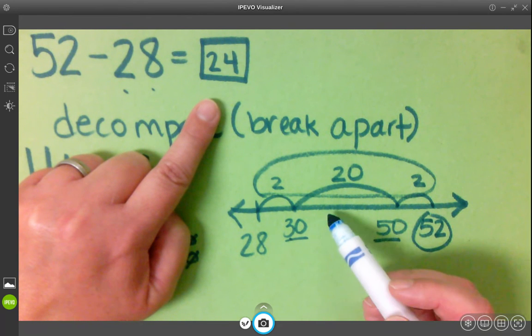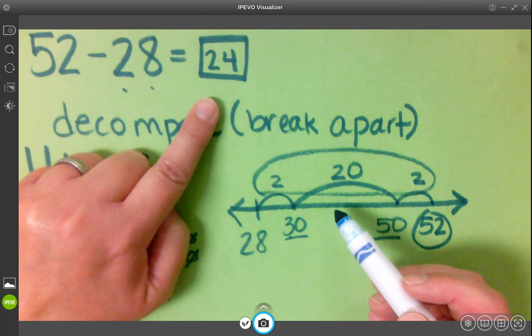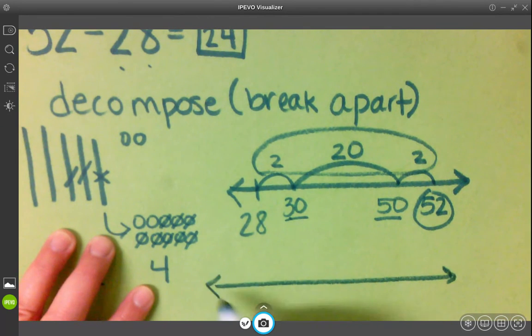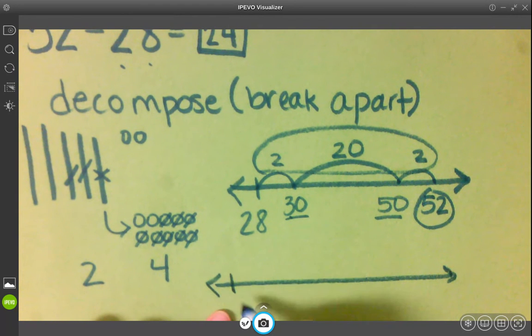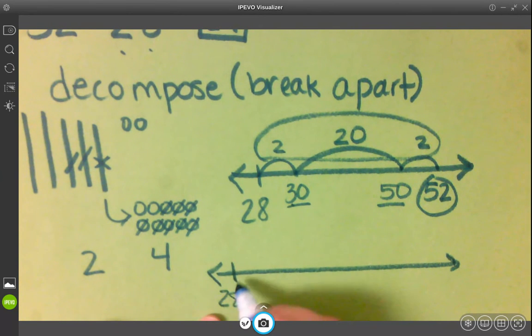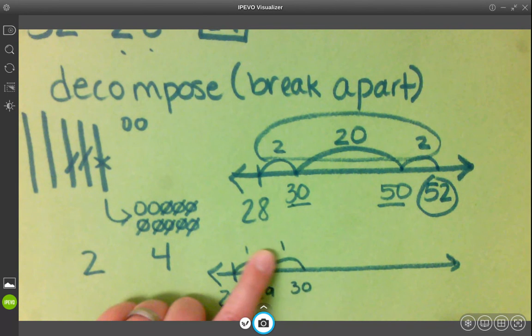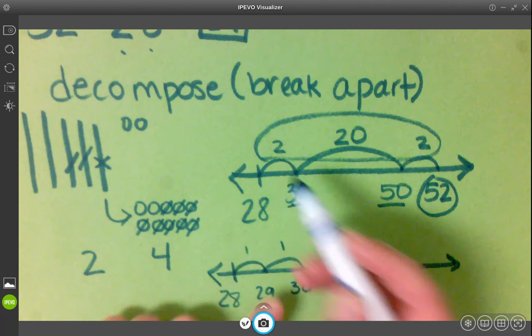If this is a little bit complicated for your child to be able to do that many jumps at one time, you can do it a little bit broken apart even more. So 28, I can go 1 to 29, 1 to 30. So there's my 2 jumps from here.